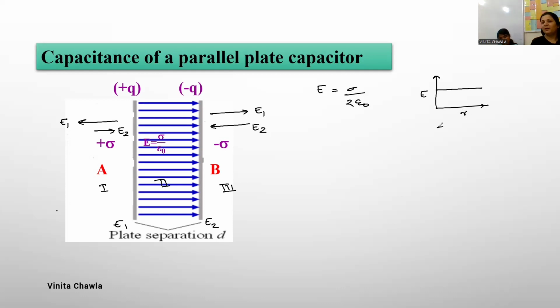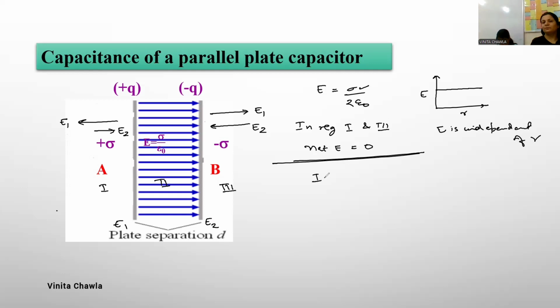So E is independent of distance. It only depends upon the surface charge density. So in region 1 and region 3, the net electric field intensity is 0.